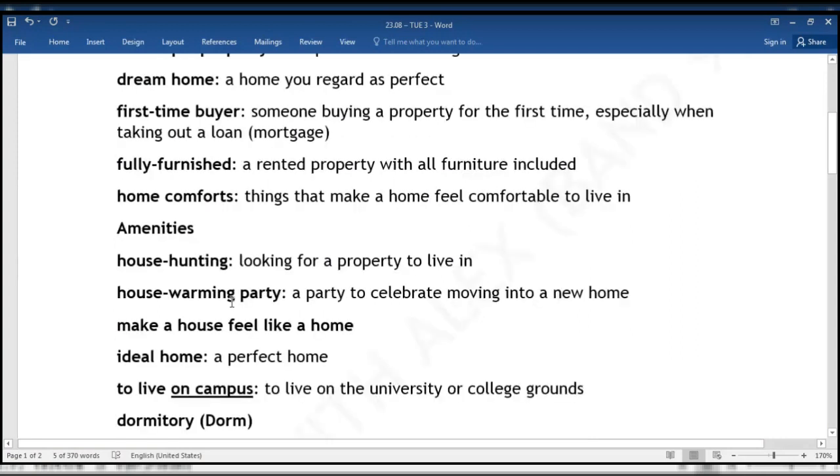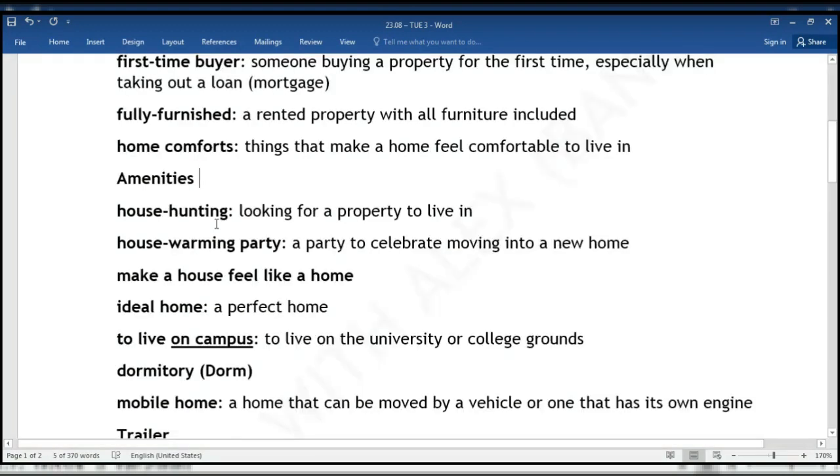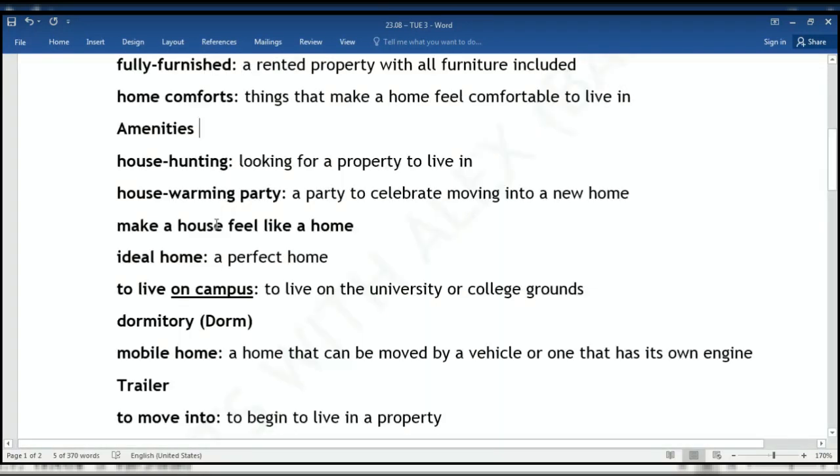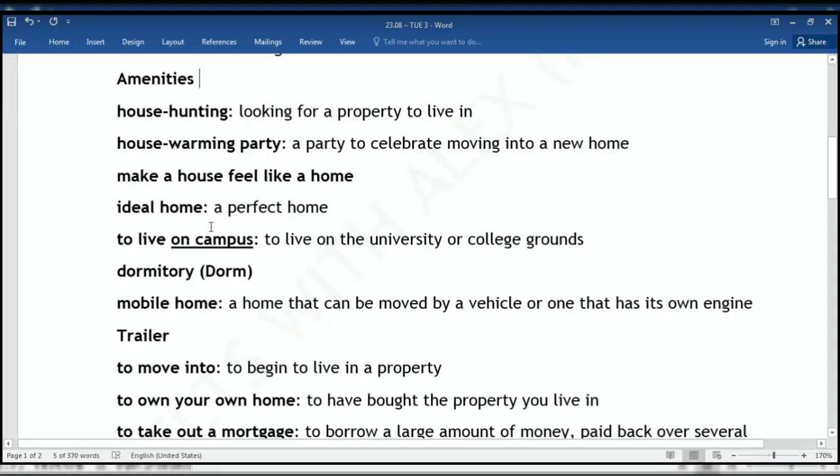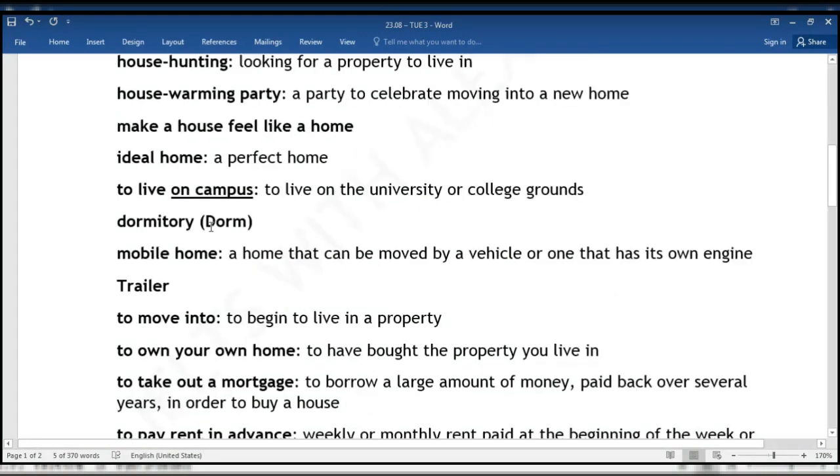House hunting. Let's say this one again, actually. Amenities. Housewarming party. To make a house feel like a home. Ideal home. To live on campus. Dormitory. Let's say that again. Dormitory. Mobile home. Trailer.